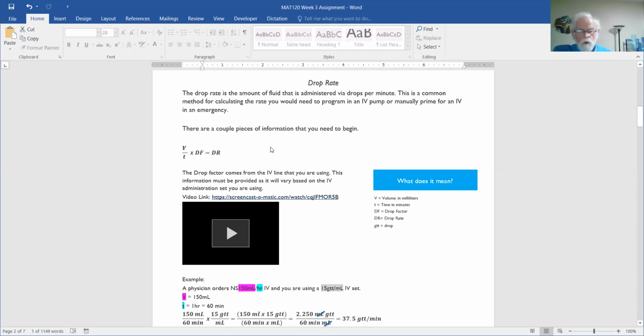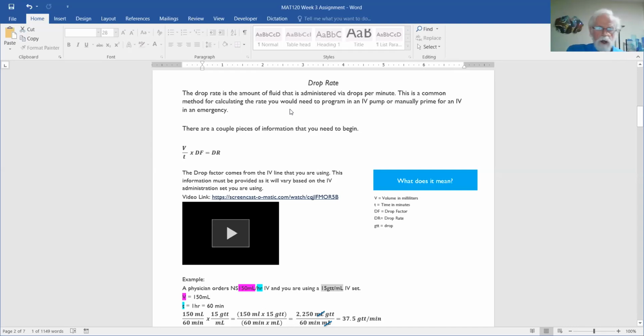When we are using an infusion pump, it doesn't matter where we put the bag, because the pump is pulling stuff out of the bag, whether it's lying on the floor or hanging on a pole. We always hang it on a pole.